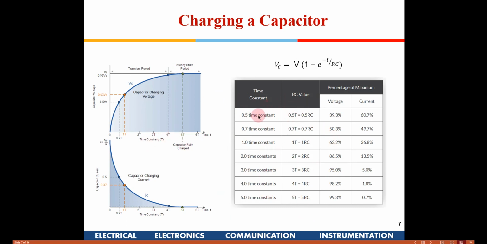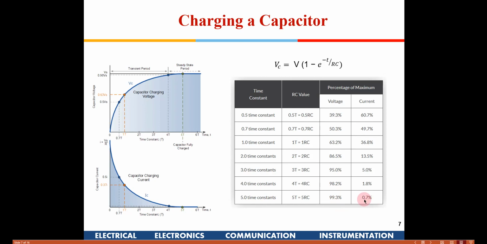At 0.5 times the time constant, where the time constant is RC, the voltage would reach 39.3% and the current will reach 60.7%. At 4t the voltage reaches 98.2%, and the current will be only 1.8% of the starting current, whereas at 5t it is 99.3%, which we assume to be 100%, and the current will be merely 0.7%.